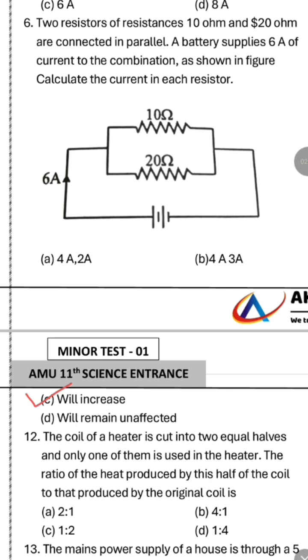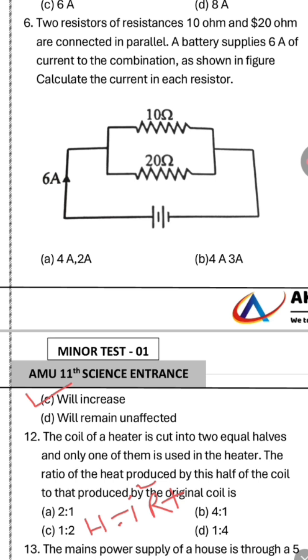Question number 12. If coil of heater is cut into two equal halves, it means length has become half. When length becomes half, then definitely resistance will also become half, and we know heat is directly proportional to R, because H equal to I square R T. Therefore the more resistance, the more heat, and the less resistance, the less heat.